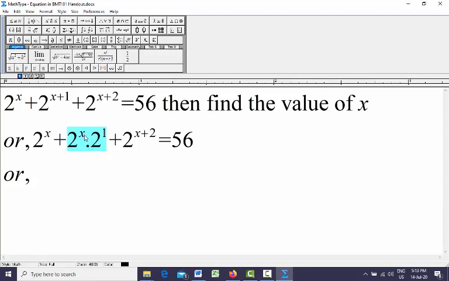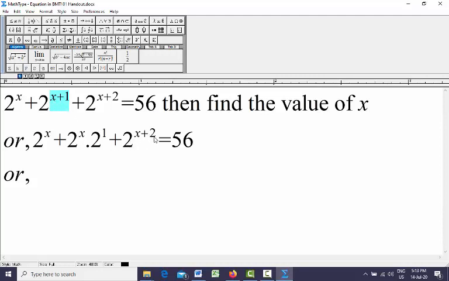When we do multiplication and the bases are the same, the powers can be added together. So we can break 2 to the power x plus 1 this way.